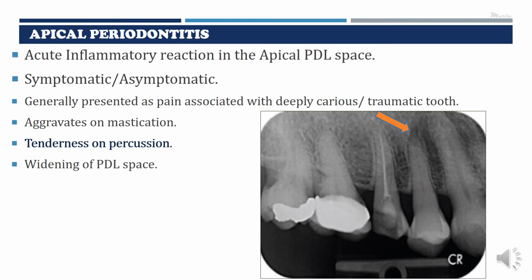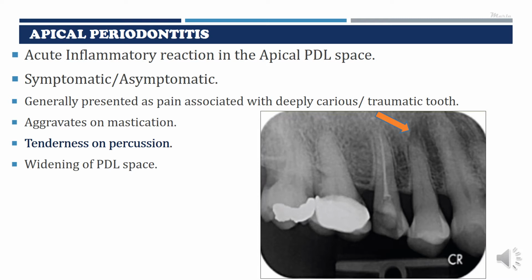So the caries which extends into the pulp, resulting in pulpitis, which will further extend into the periapical area, is the most common cause of apical periodontitis. This apical periodontitis can be acute or chronic depending on the duration of the inflammation.